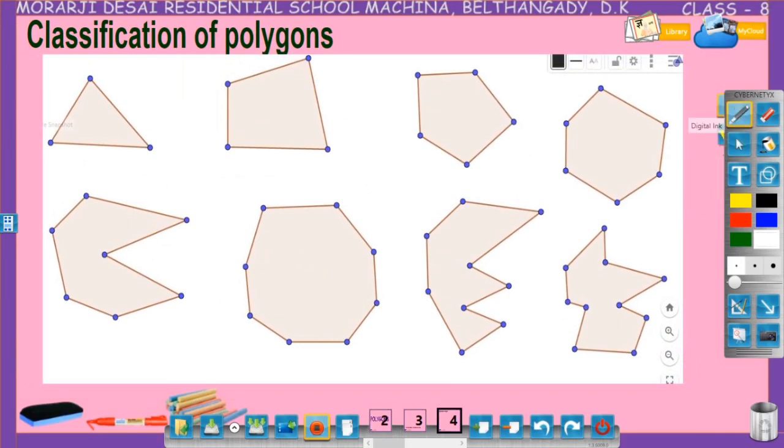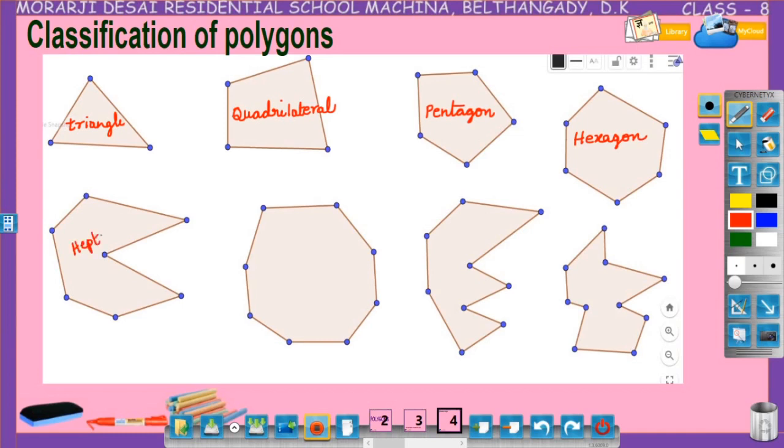Now write their names here. Polygon having 3 sides is called triangle. Polygon having 4 sides is called quadrilateral. Polygon having 5 sides is called pentagon. Polygon having 6 sides is called hexagon.